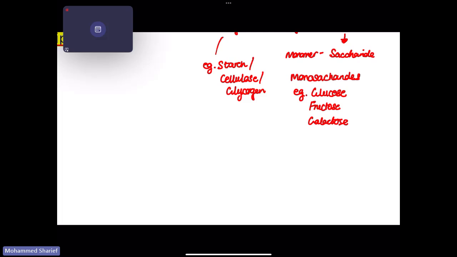And when two monosaccharides come together, for example, two glucose molecules, we saw that a condensation reaction happens between these two monosaccharides to form maltose and water. Okay, now a condensation reaction means the formation of a glycosidic bond, a chemical bond.